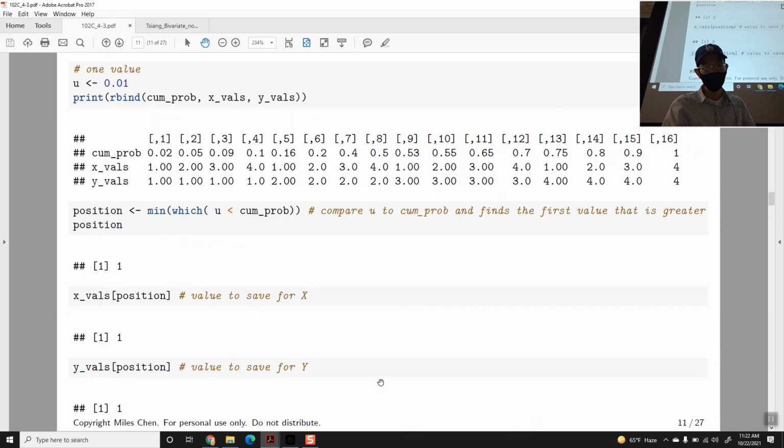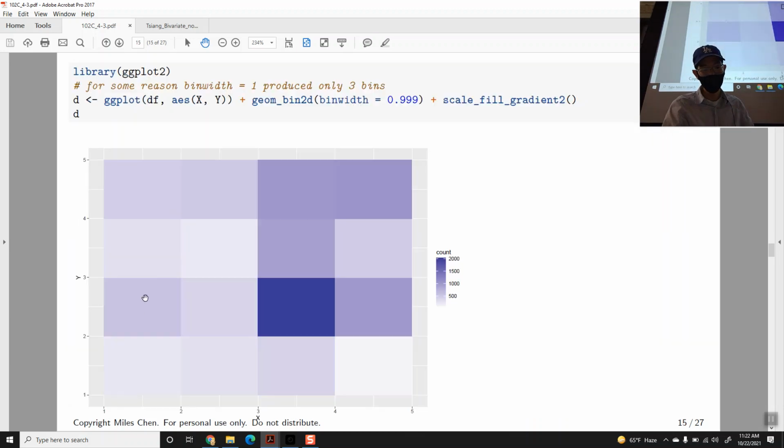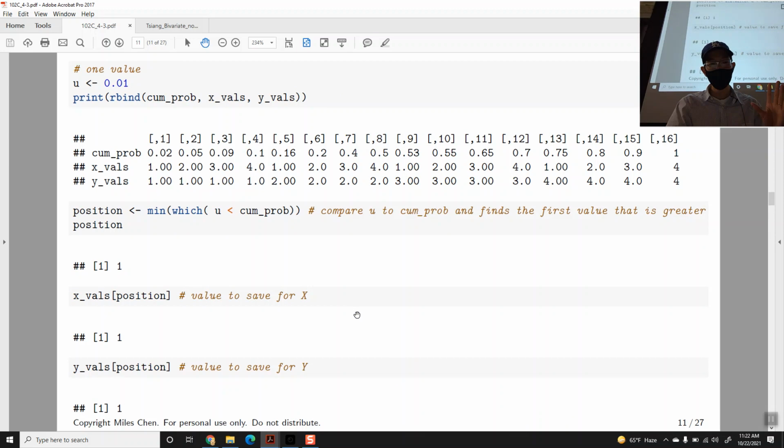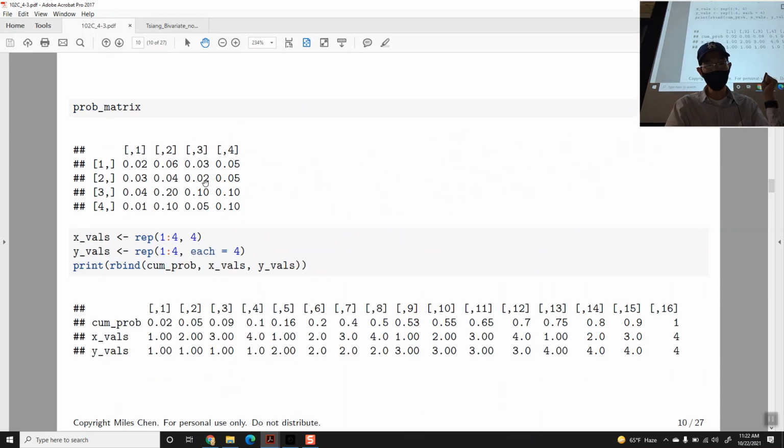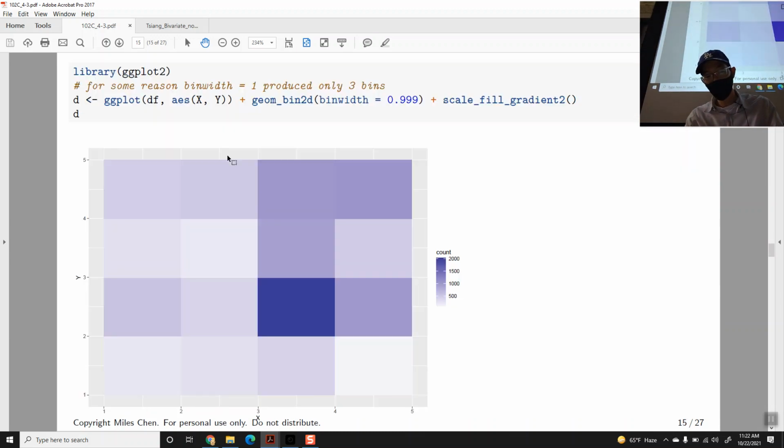And then the next row is 0.06, 0.04, 0.2, and 0.1. Again, this is a rotation, because the way the matrix is presented, X goes down the side 1, 2, 3, 4, and Y goes across 1, 2, 3, 4. We're just taking this and rotating it, and that's what we have here.